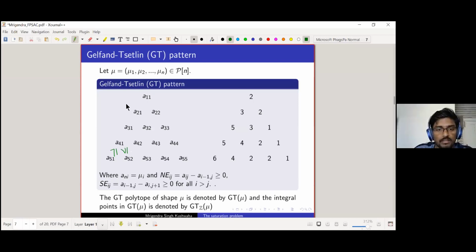So you fill these vertices with real numbers, and that will form a polytope, which we denote by GT(mu). An integral point of this polytope is denoted by GT_Z(mu). We put the subscript Z because that means we are only talking about integral points in this polytope.